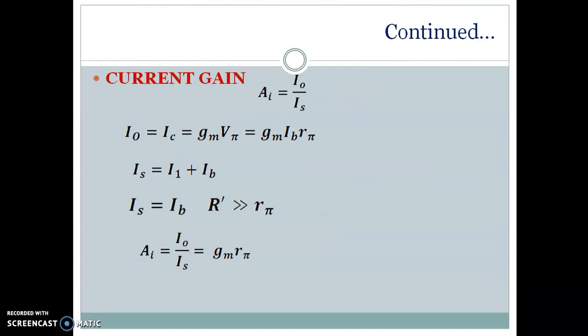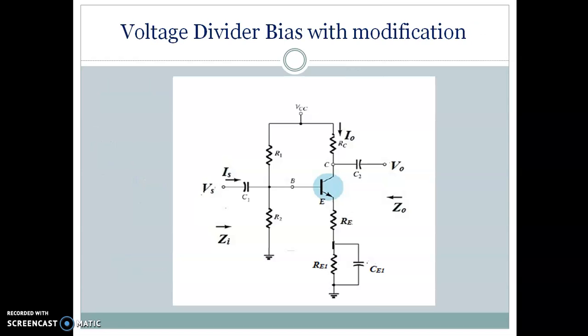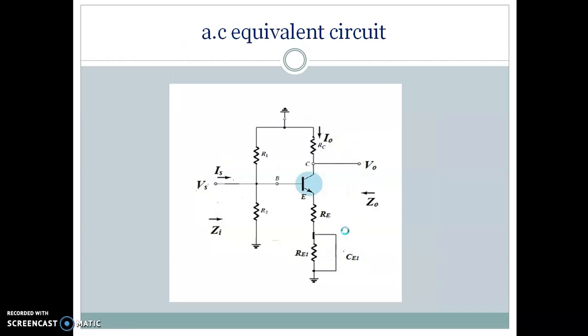RE and RE1 will both have their effect for the DC operating voltages. To determine the DC operating voltage, both RE and RE1 play a role, but for AC, RE1 has no role to play, and only RE does.